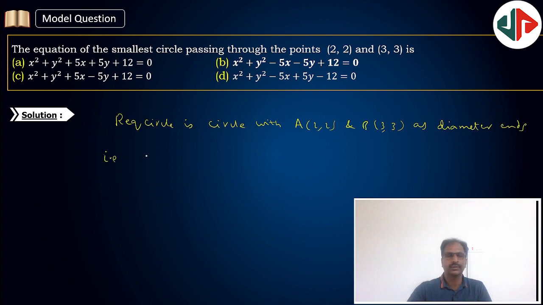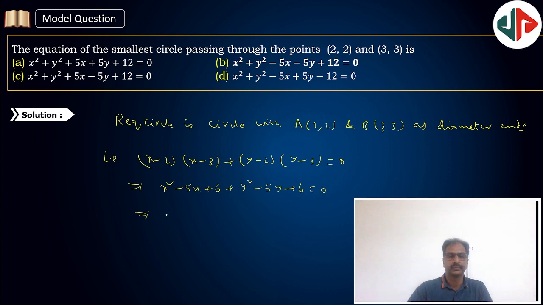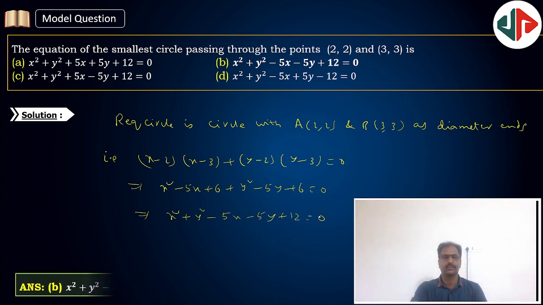That is (x minus x1)(x minus x2) plus (y minus y1)(y minus y2) is equal to 0. This is x square minus 5x plus 6, this is y square minus 5y plus 6, is equal to 0. Option B.